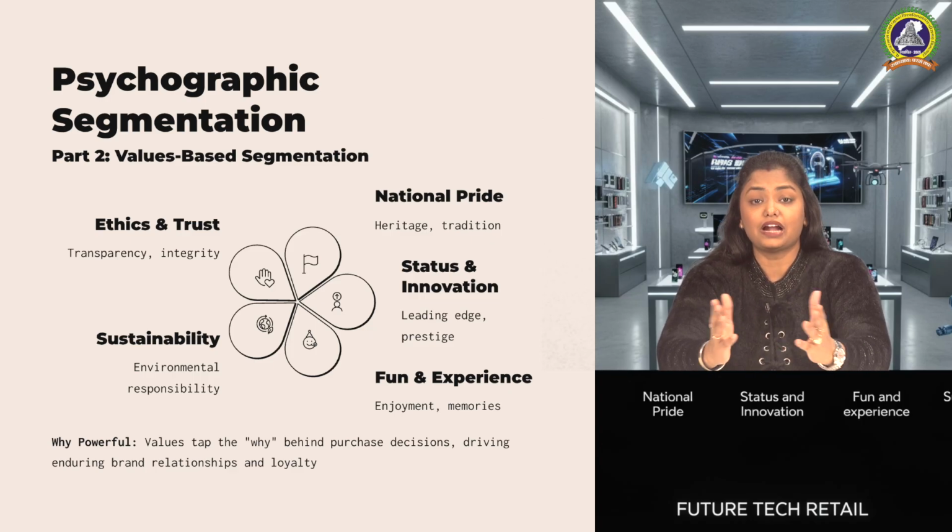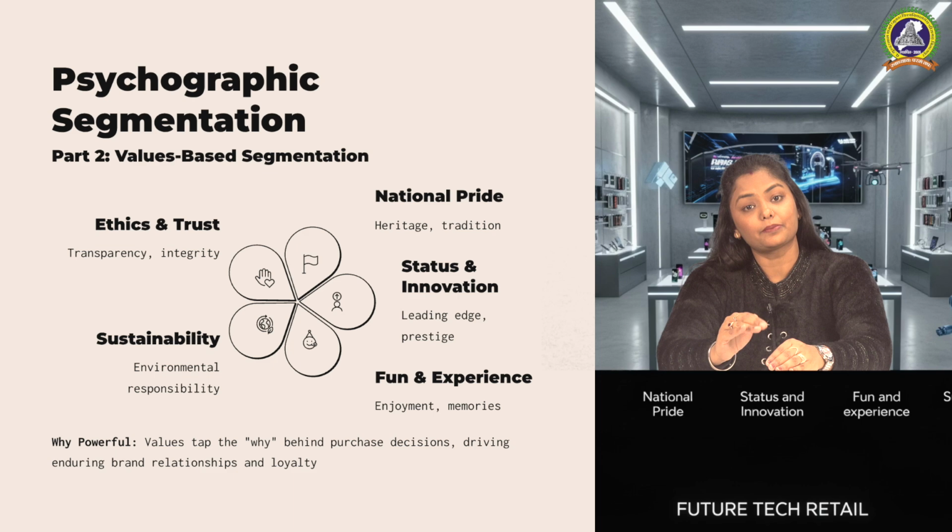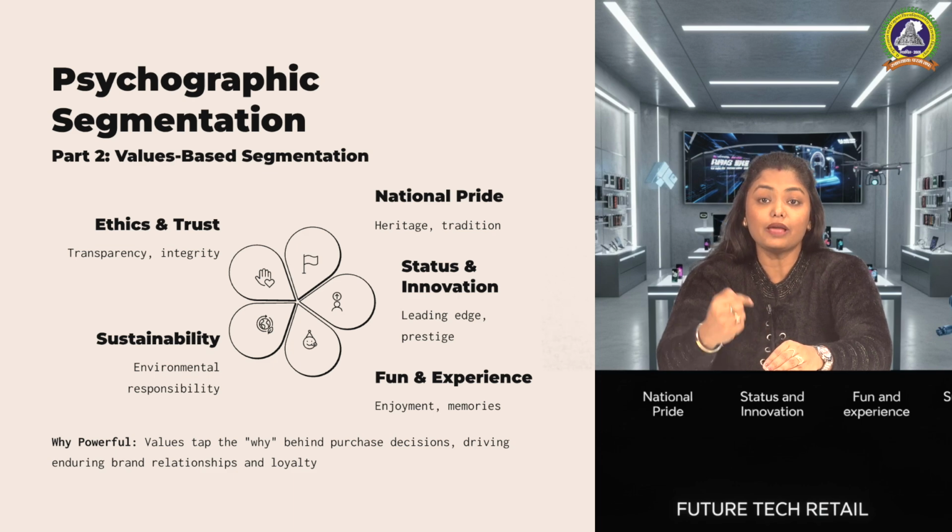In contrast, brands like Zara or OnePlus might appeal to strivers or fun seekers, people who are motivated by fashion, innovation, and social status. So, you can see that value-based segmentation taps into the why people buy, which is the most powerful emotional motivation.